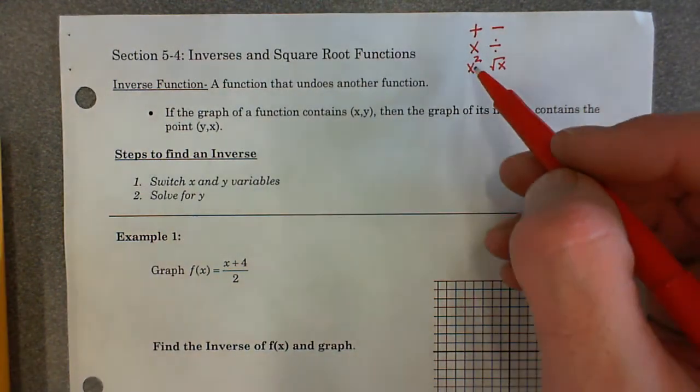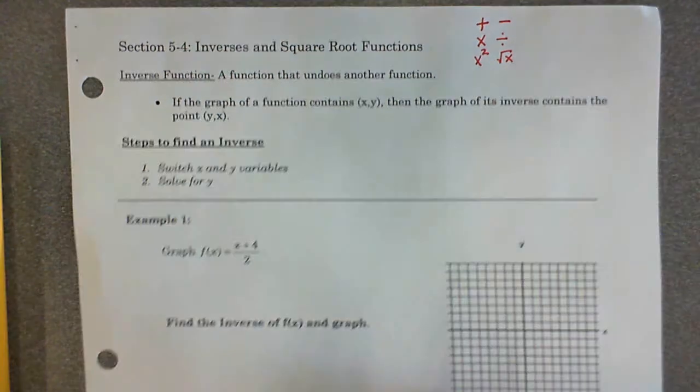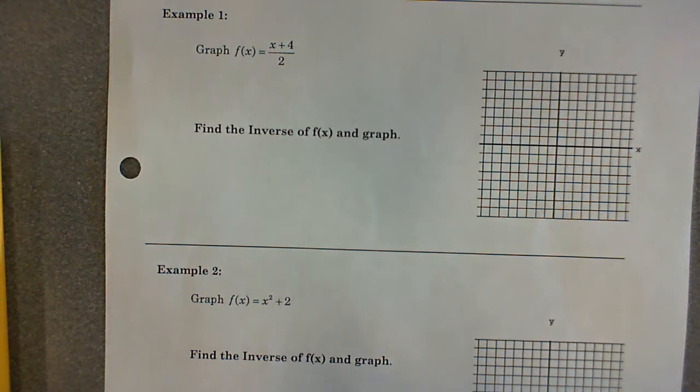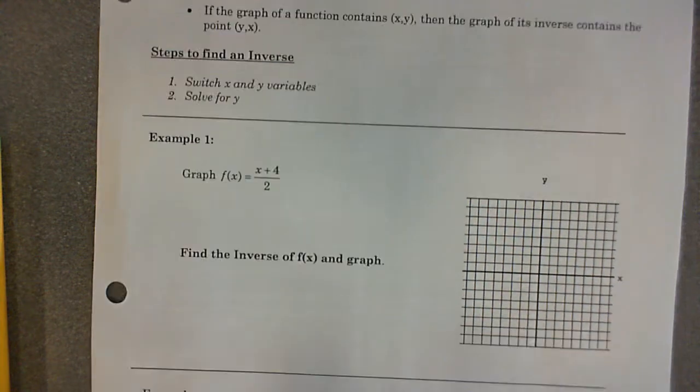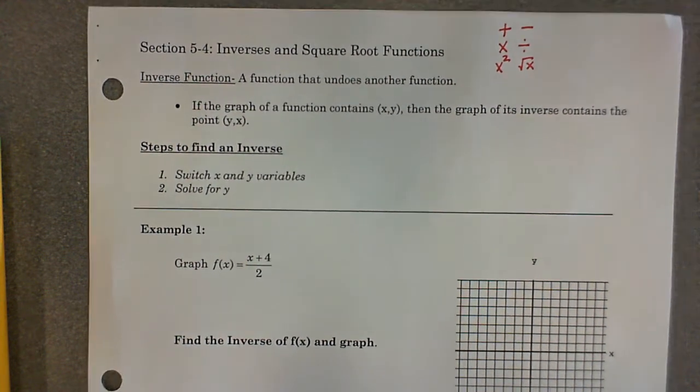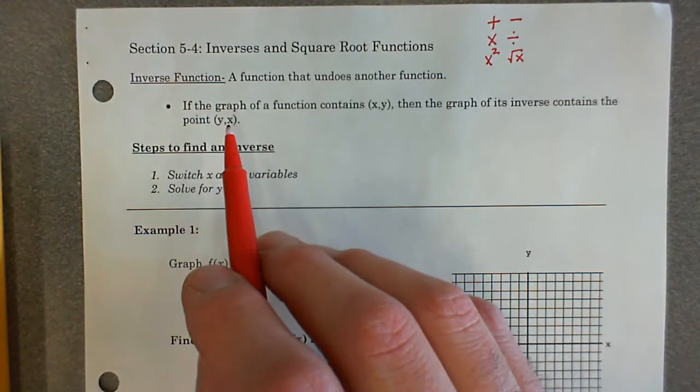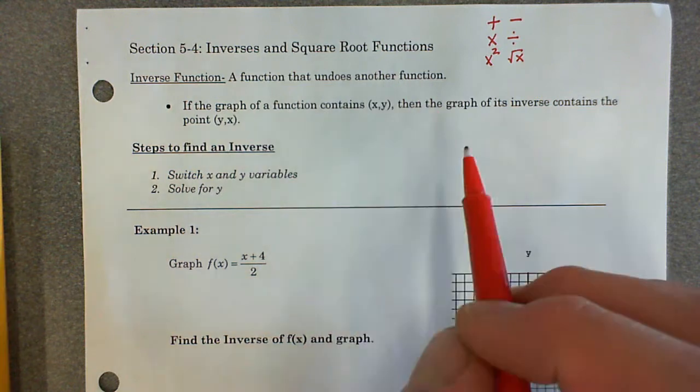We've been looking at quadratic functions, functions that match this format, x squared plus something. Okay, so we're going to be looking at square root functions. If we want to find an inverse, it is a function that undoes another function.